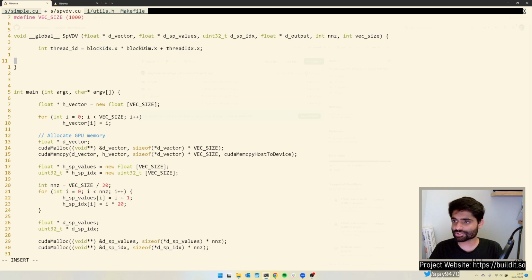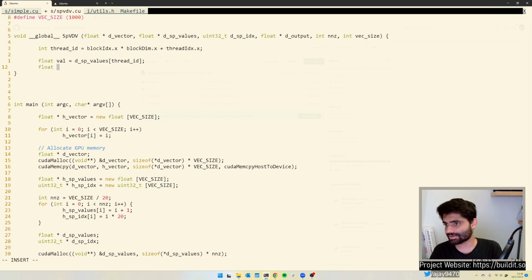So for each non-zero, I'm going to first obtain the value. So it's going to be float val equals d_sp_values of d_sp_index, right? Sorry, my bad. I'm going to first obtain the nth non-zero, and then I'm going to obtain what index it is at. So int idx equals d_sp_idx of thread id. So now we know where a particular non-zero is and what its value is.